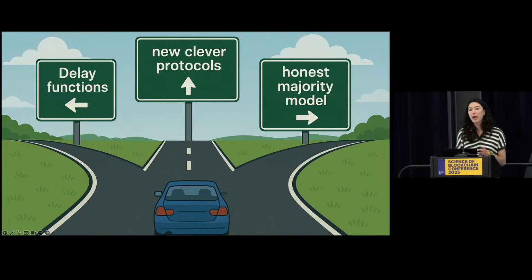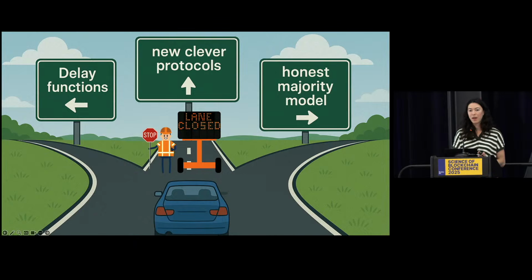A more hopeful path might be to design cleverer protocols that do tolerate a dishonest majority, but somehow don't run into the deployment challenges of delay functions. Or a third path might be to just accept honest majority security and then have more efficient protocols that way. But what we've showed is that this middle path is not really a path that we can take at all.